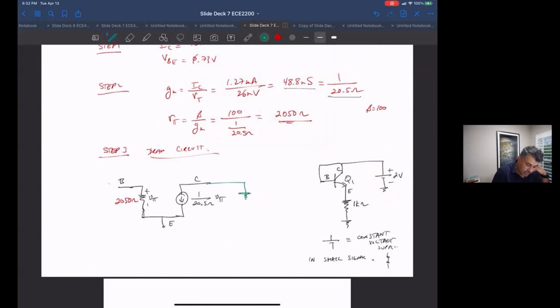And then the base is connected to the collector in this particular circuit, so I'm going to connect them here. And then there is a resistor hanging off the emitter going to ground, so I'm going to draw that here.